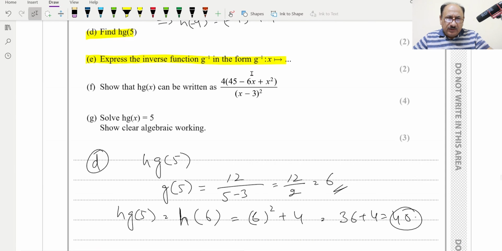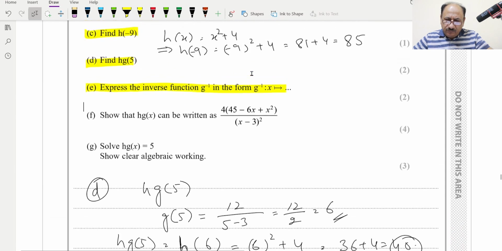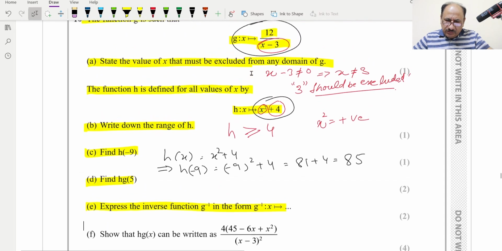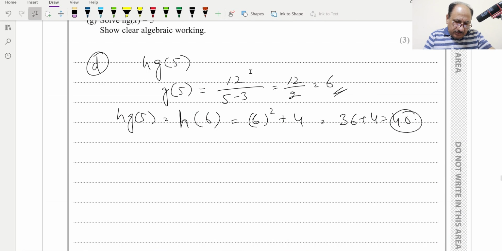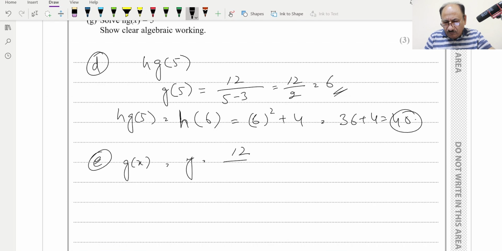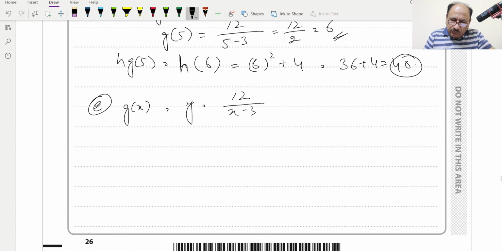We can write y is equal to g of x, which is given as 12 over x minus 3, and we have to make x the subject. So we shift y to the other side, and x minus 3 to this side, so this will be 12 over y.